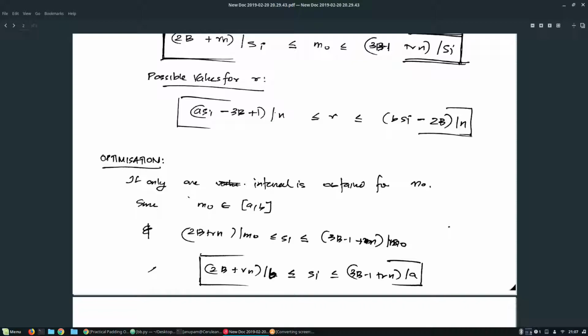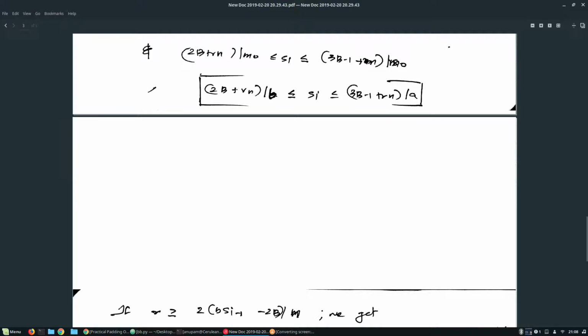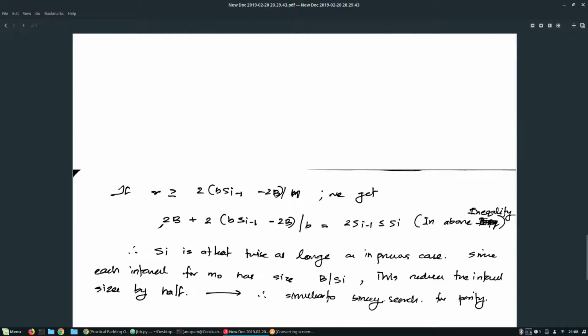So if we have such a case, then we know that m0 clearly lies between a single interval a comma b, and we can substitute that over here for the limits of s1, and this is what we get: 2b plus rn by b less than or equal to s1 less than or equal to 3b minus 1 plus rn by a. We basically substituted the values of m0 in the equation that we found out earlier, and we got that.